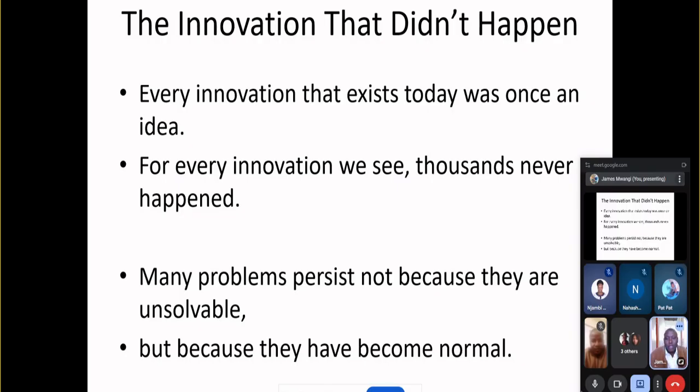So many problems persist, not because they are unsolvable, but because they have become normal. In other words, what we usually say is that those problems can become invisible.